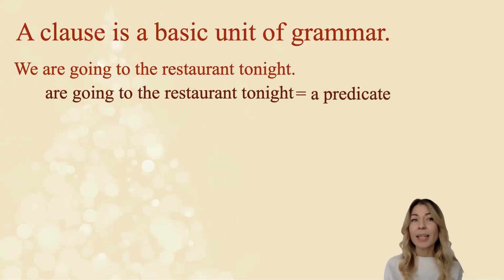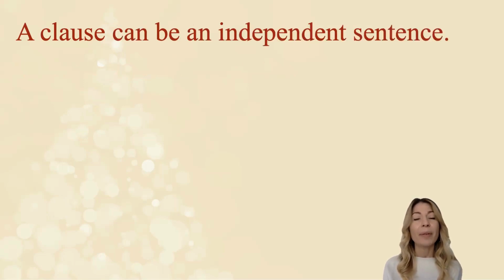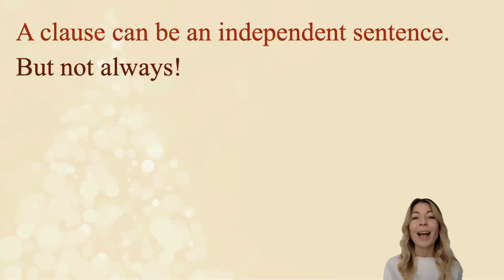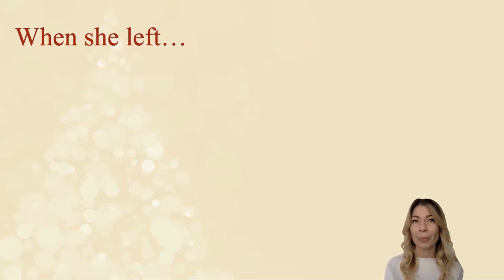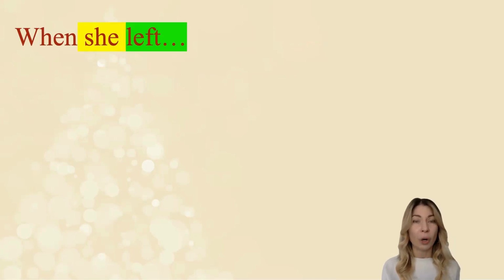Okay, as you can see, we're going to the restaurant tonight is a full sentence because it has its meaning, it conveys an idea. However, is a clause always an independent sentence? Not always. Let me show you one more example. When she left. If you look at this sentence, you can see she is a subject, yes, and left is a verb.